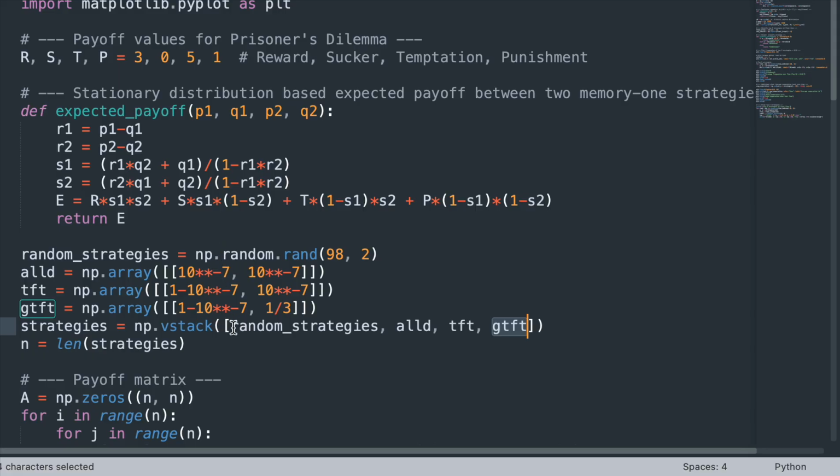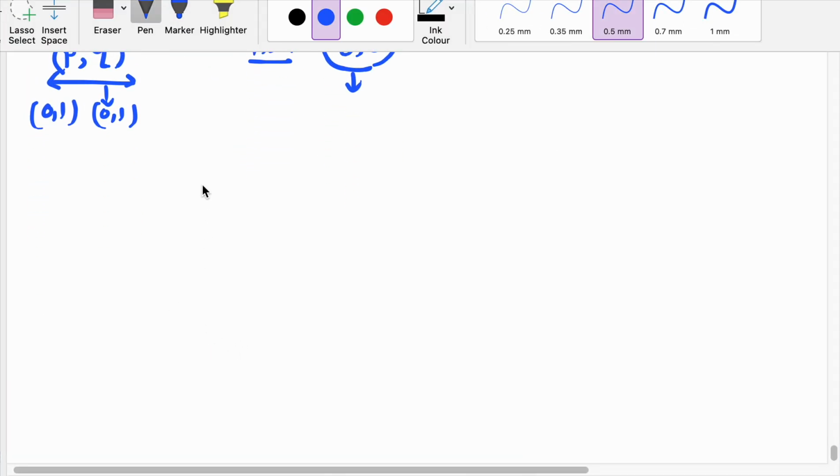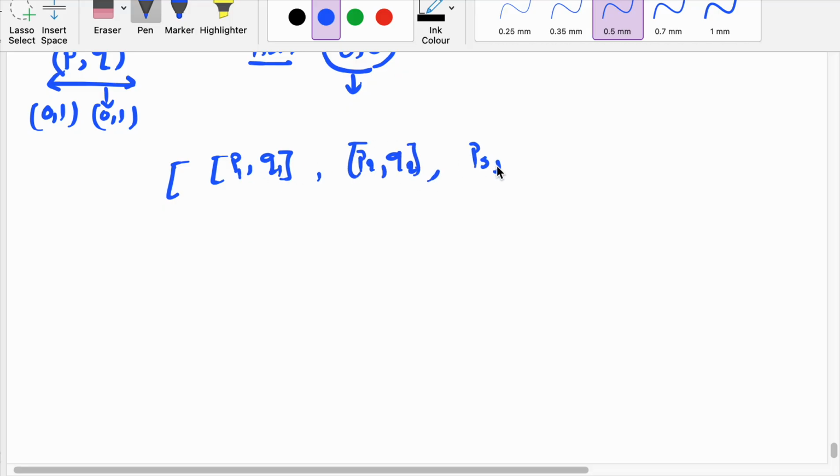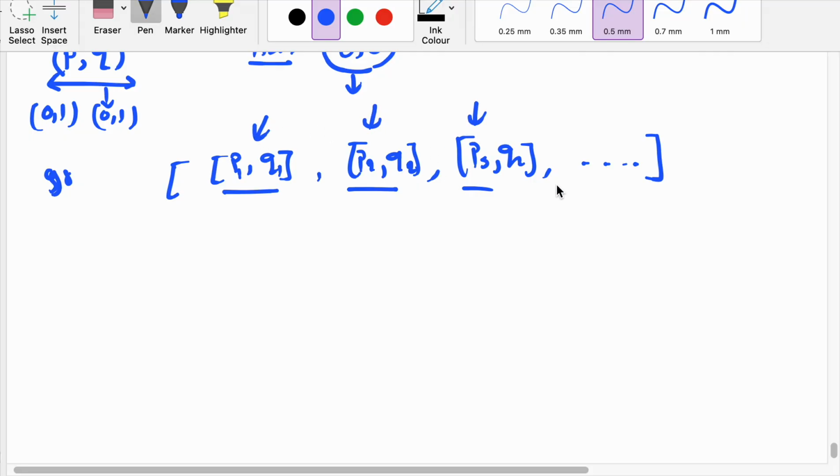V stack means it is a matrix of elements. So I am getting 98 of this kind of number PQ, then P1 Q1, P2 Q2, P3 Q3, and so on. Now this is my 98 array. I just want to add another element to this array, because every element is a strategy.